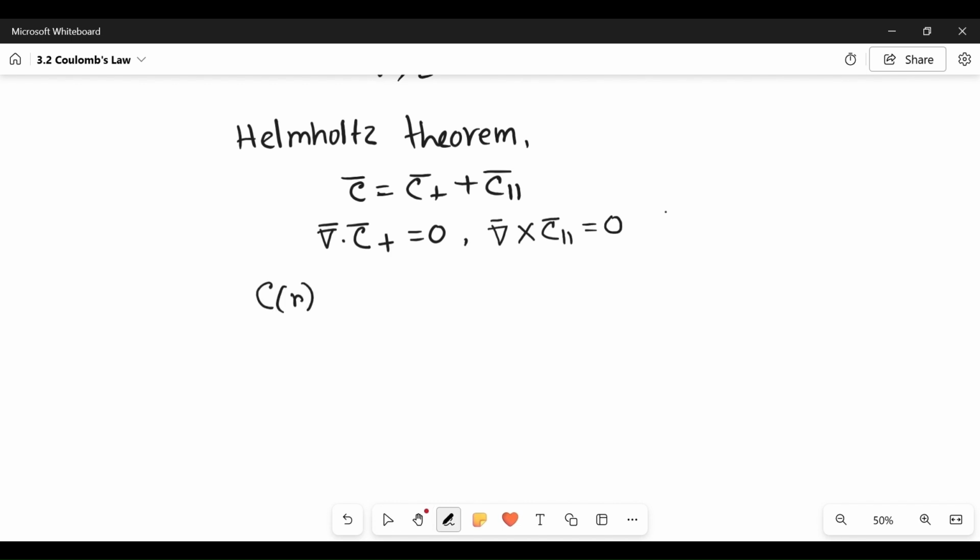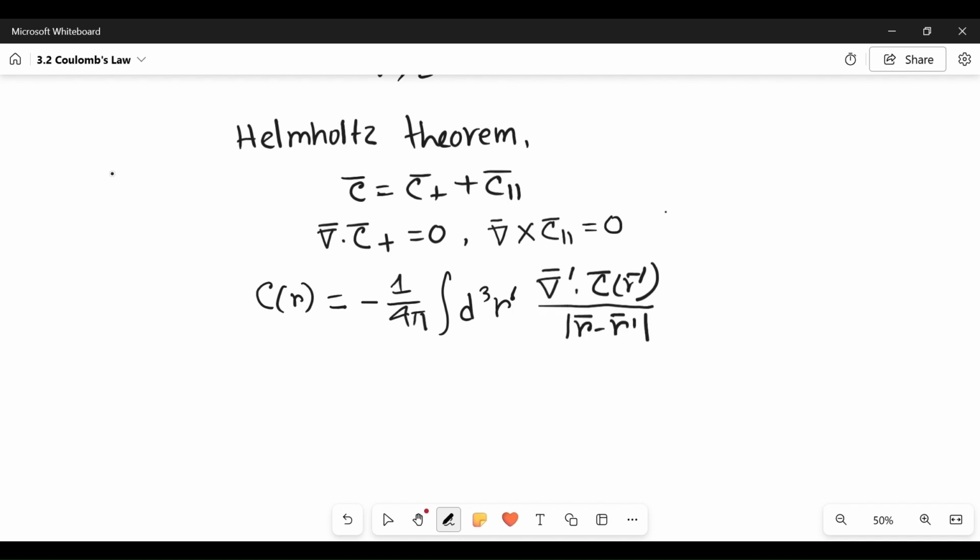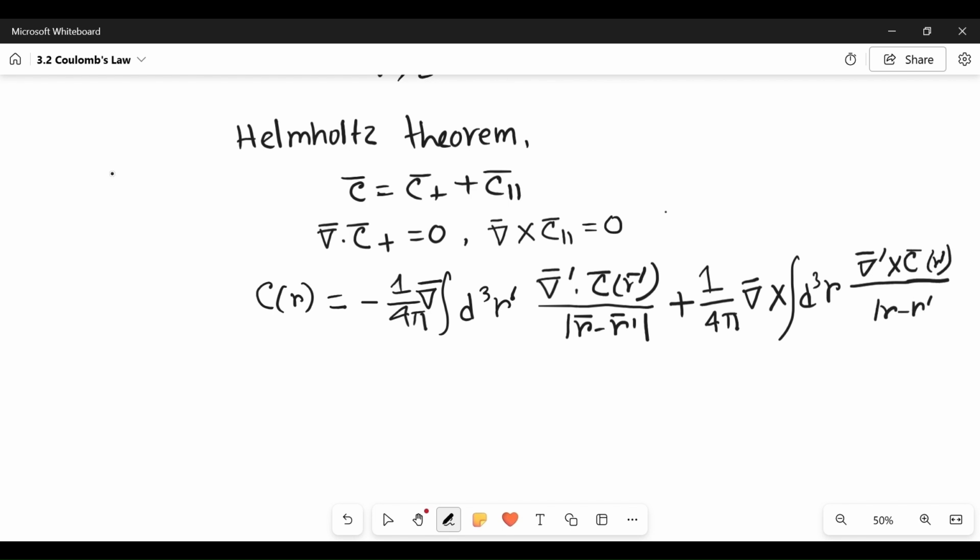Then the vector can be written in that way. And we can write it only when the integrals converge all over the space.